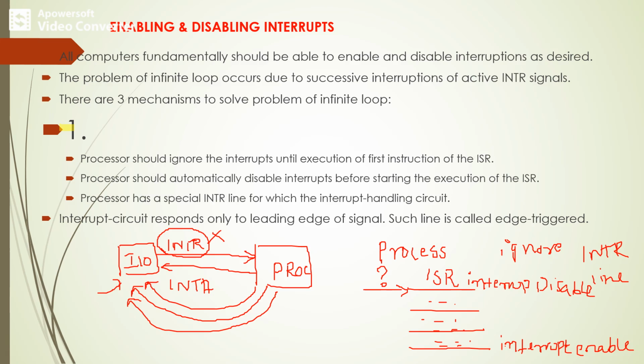The first instruction in the ISR is the interrupt disable instruction, and after that it will execute the set of instructions present under the ISR. Finally, the interrupt enable instruction will be placed before the return from interrupt instruction, which is used in order to enable the interrupts again.